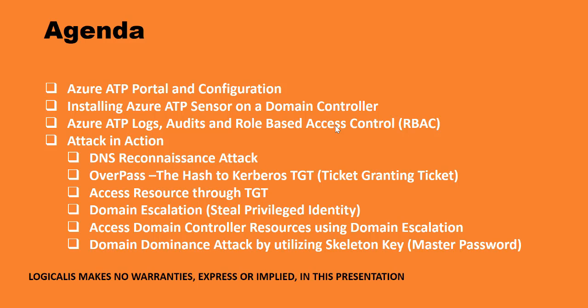But at a very high level, we will do a DNS Reconnaissance attack. We will also do Overpass, where we'll pass the password hash to create a Kerberos ticket granting ticket. Then we will access the resources through this ticket granting ticket, and then finally we will go into the domain escalation path, where we will pass the ticket granting ticket of a privileged identity and get access to the domain controllers.